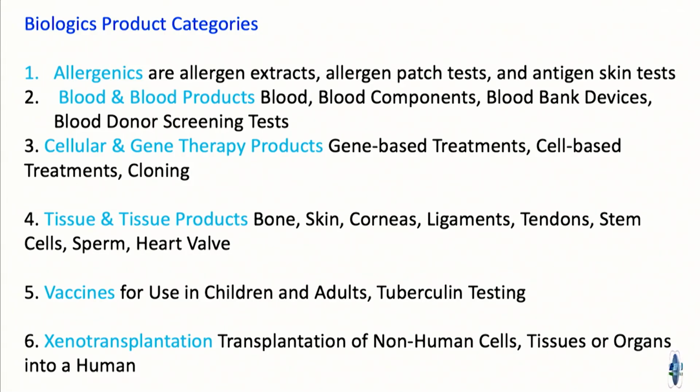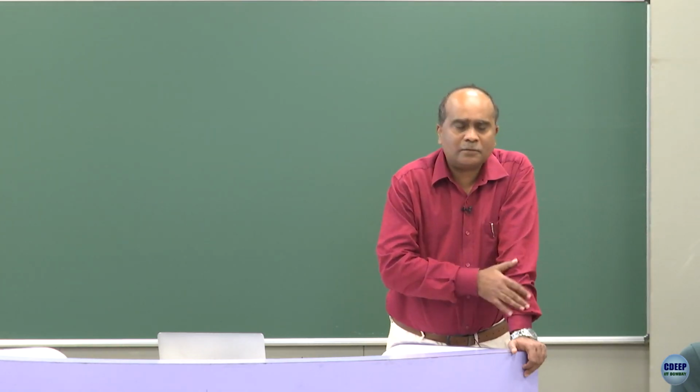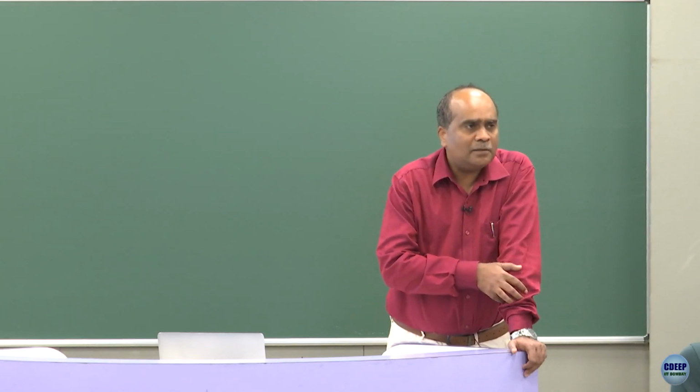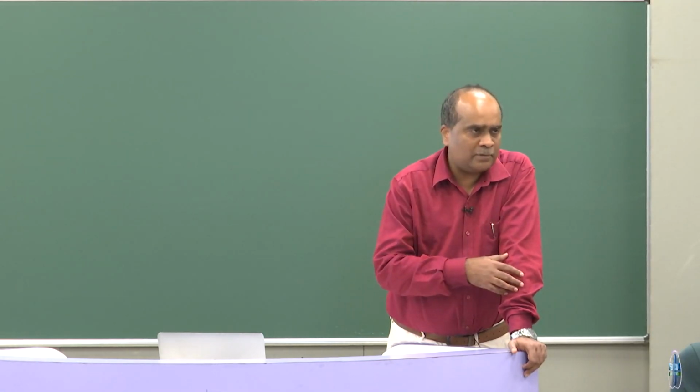Tissue and tissue products: graft, bone is a big problem, right. You need to have some patch that can grow, otherwise who knows what will happen there. If the skin is open, all sorts of organisms can get in, and it can be a major problem.